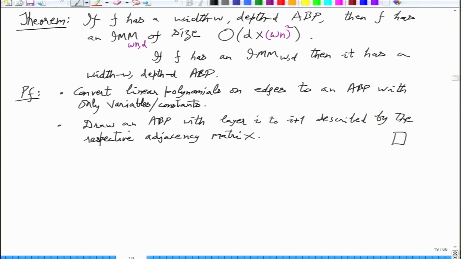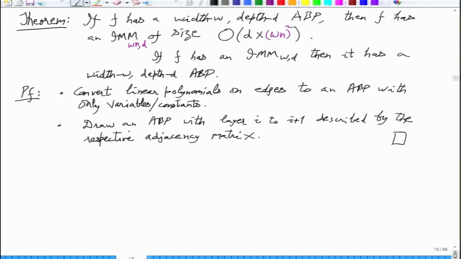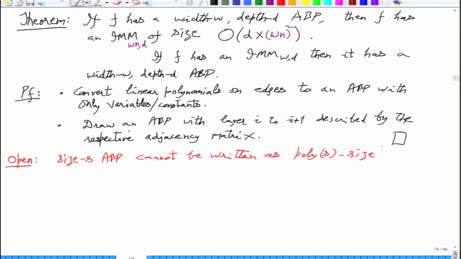So you can see that ABP and IMM are equivalent models. Since ABP and IMM are equivalent, and IMM can be implemented as a circuit, ABP is also implementable as a circuit. But they seem stronger than formulas. So that we can leave as an open question. So what's open is that ABP cannot be written as poly S size formula.